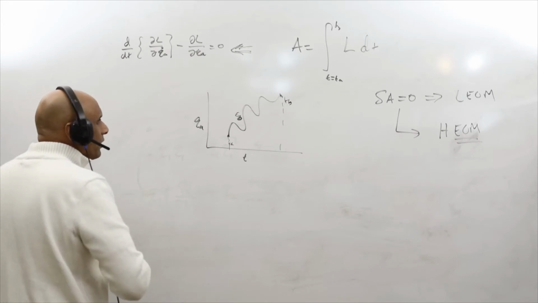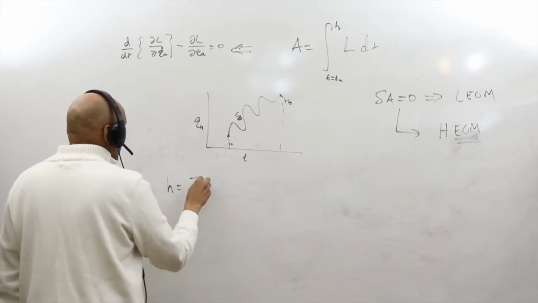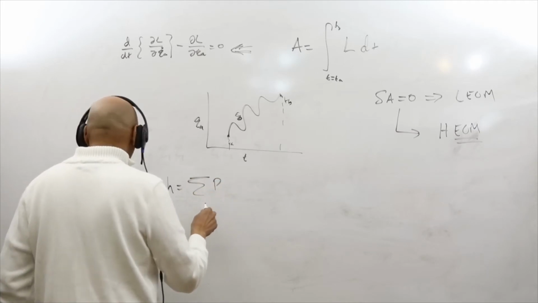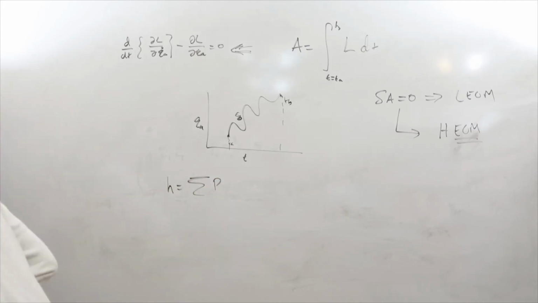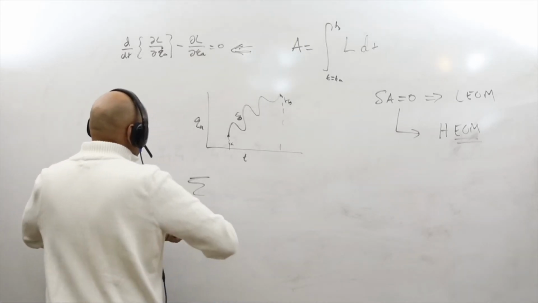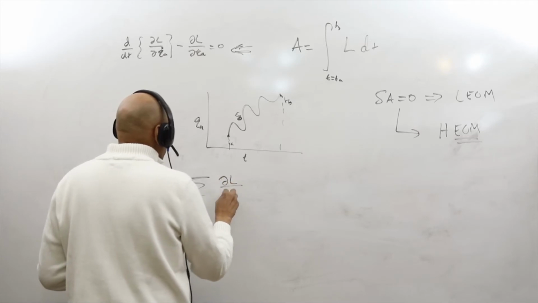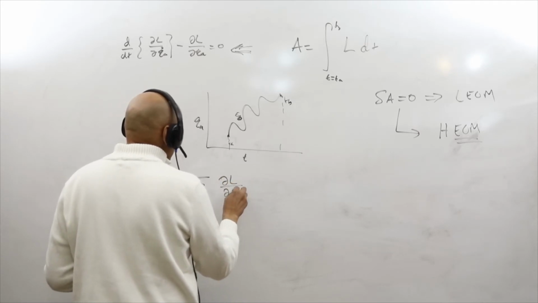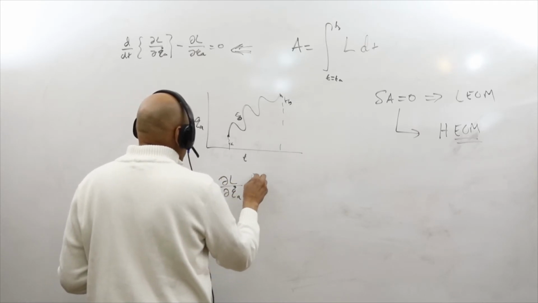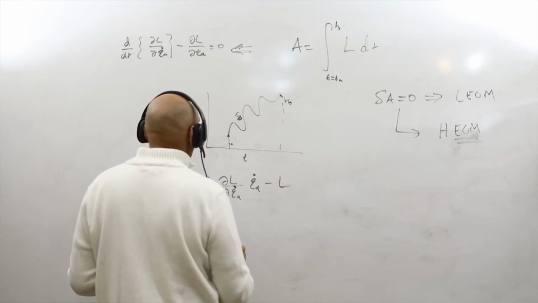And where we're going to start is to take a look at the H function. Our H function was written as the sum of partial of L with respect to q_a dot, times q_a dot, minus the Lagrangian.